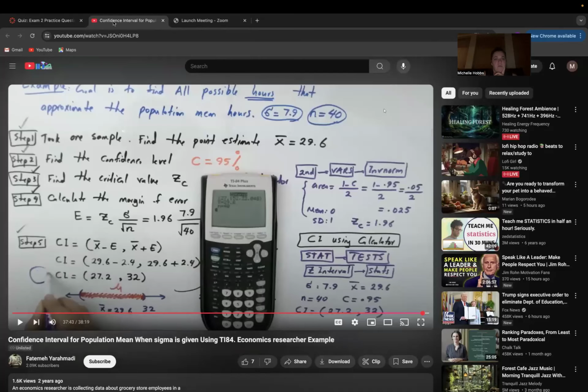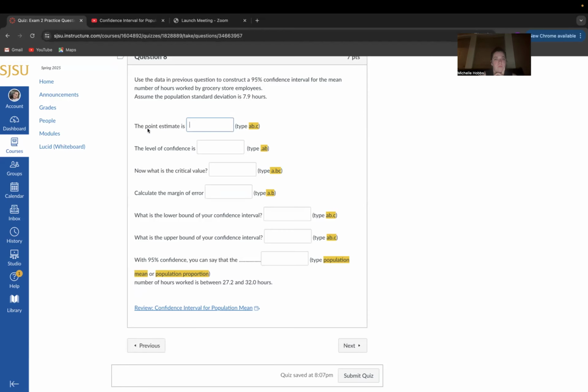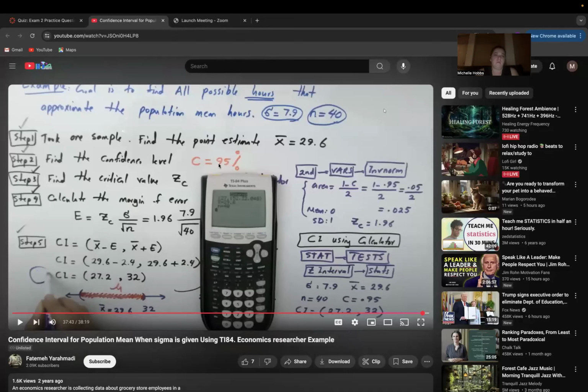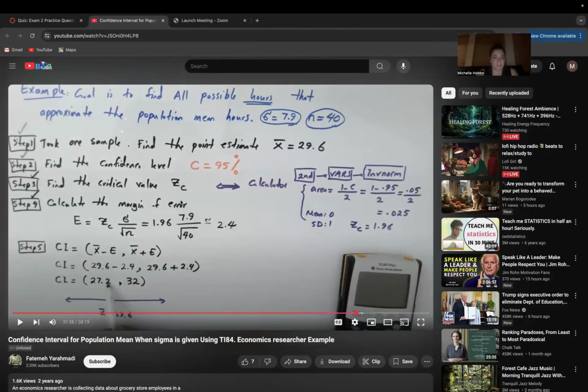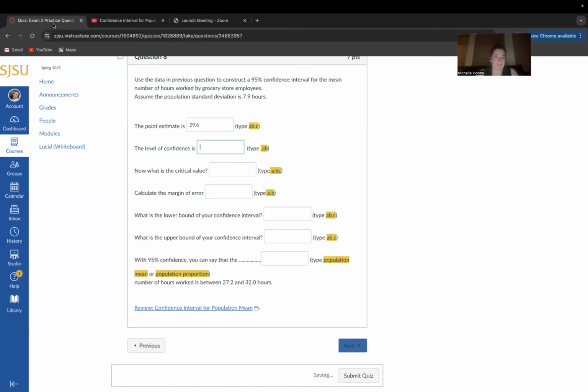The point estimate is again 29.6. The level of confidence is 0.95.